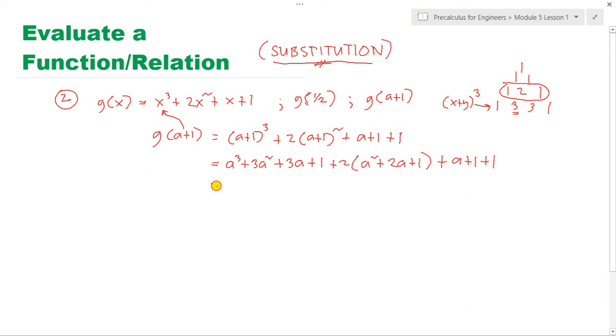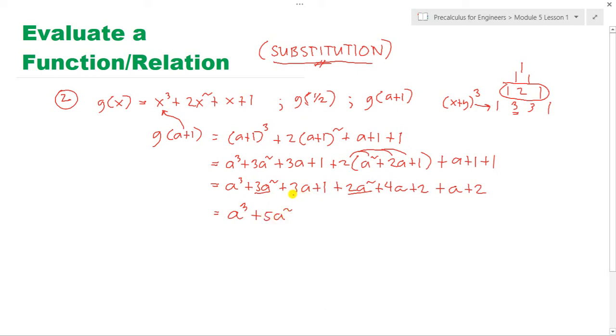So here, simplify further. We have a cubed plus 3a squared plus 3a plus 1. The 2 should be distributed to each term. So we have 2a squared plus 4a plus 2 plus a plus 2. Okay, 1 plus 1 is 2. Then combine like terms, same exponent and same variable. a cubed plus, for a squared, we have 3a squared and 2a squared, so that would be 5a squared.